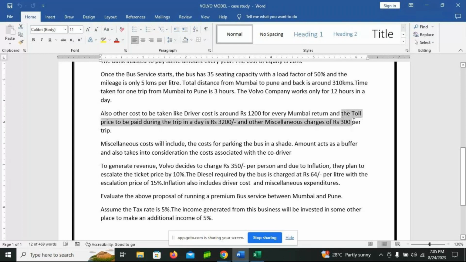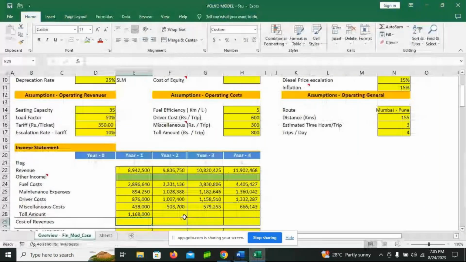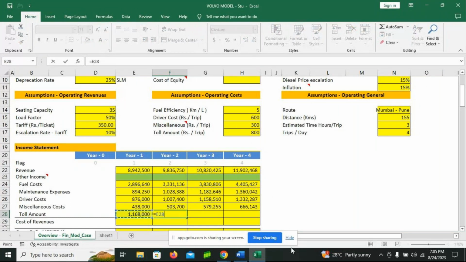The toll paid is 3,200 they have said. So this amount is going to remain the same throughout the year. So cost of revenue will be sum of E24 to E28.